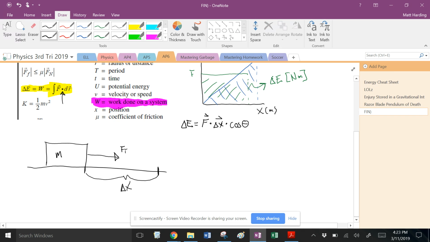For our purposes, if we want to calculate the change in energy due to this force alone during this time, then I'm simply going to take Ft times delta x times the cosine of the angle in between those things.